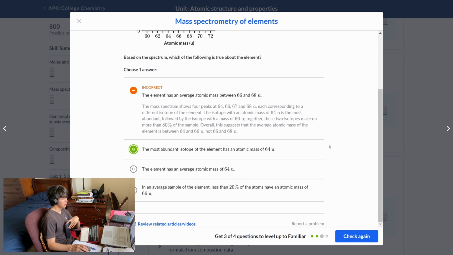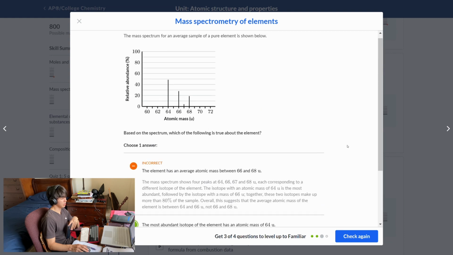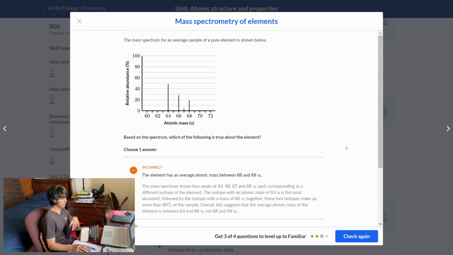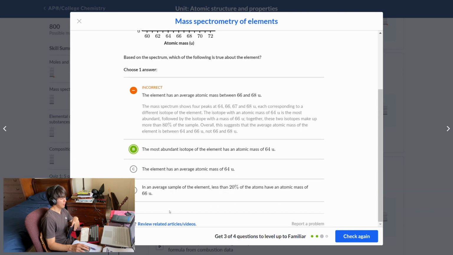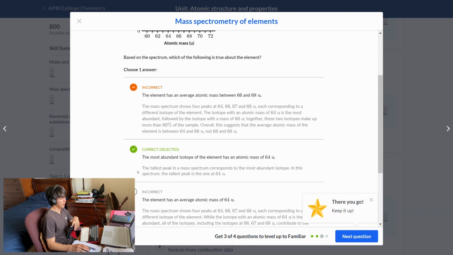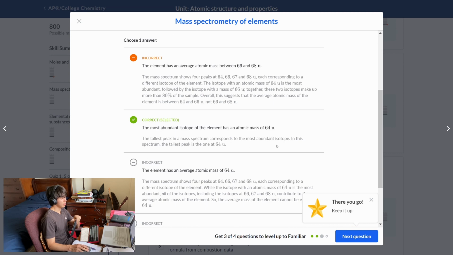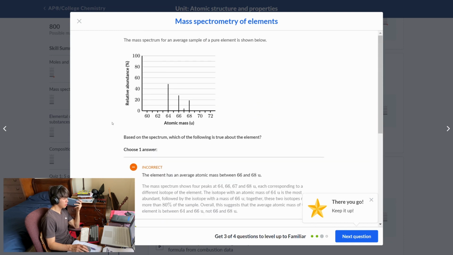Why would the most abundant isotope of the element have an atomic mass of 64? The tallest peak corresponds to the most abundant isotope. In this spectrum, the tallest peak is the one at 64.